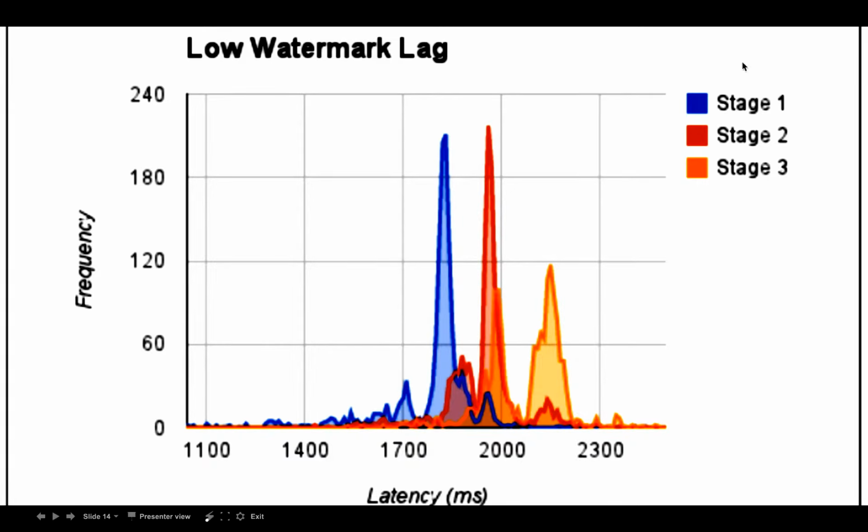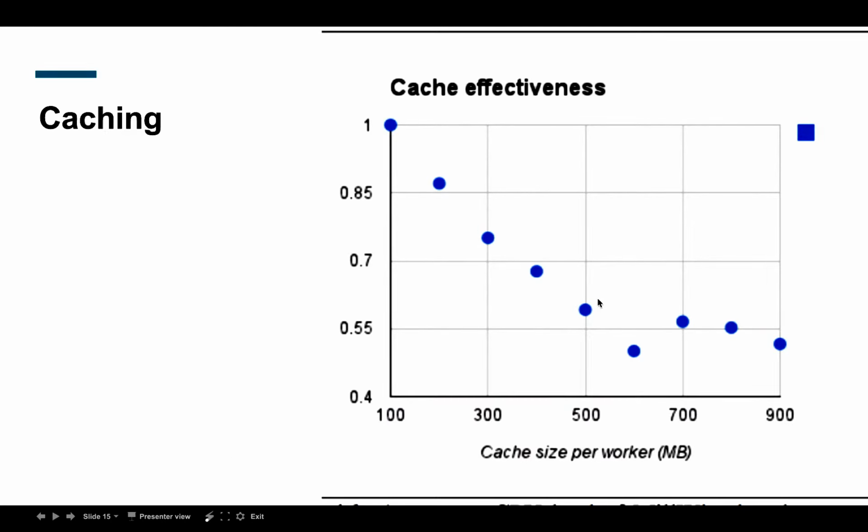In stage 1, you can see that the latency is about 1.8 seconds, and it grows by about 200 milliseconds for stage 2 and stage 3, which the authors concluded was fast enough to meet the requirements. And we'll actually see later some argument why this was important compared to a heartbeat mechanism.